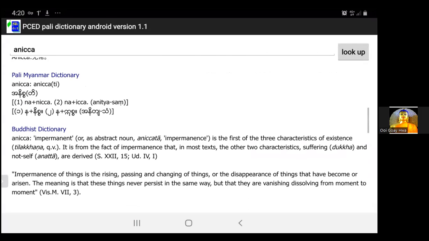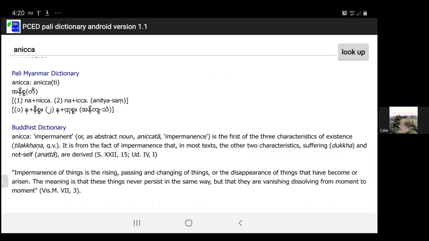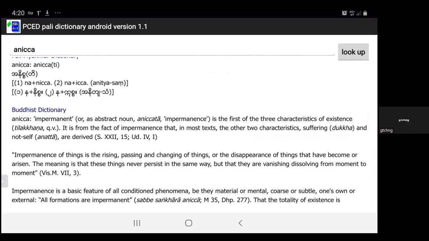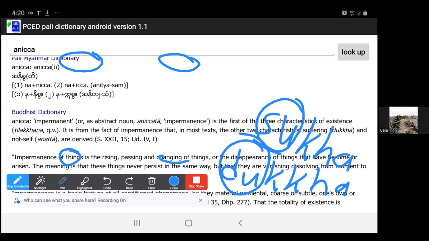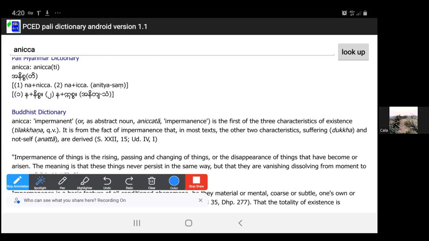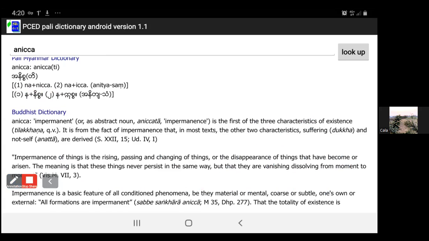Na nicca, not nicca, all right? So do you see the na? Na, that is not. So it's coming from na nicca. Nicca is permanent, so na nicca is impermanent. So clear. This is not a prefix, but it's a kind of combination of words.